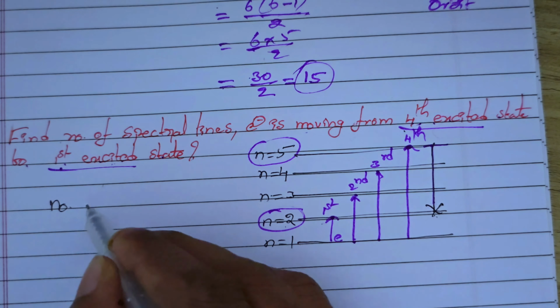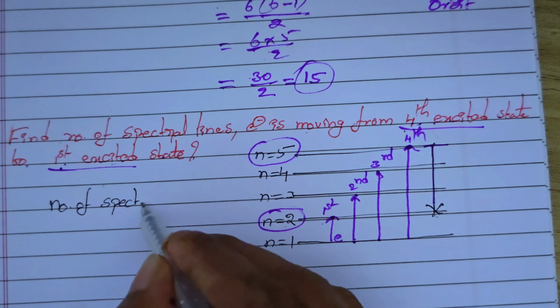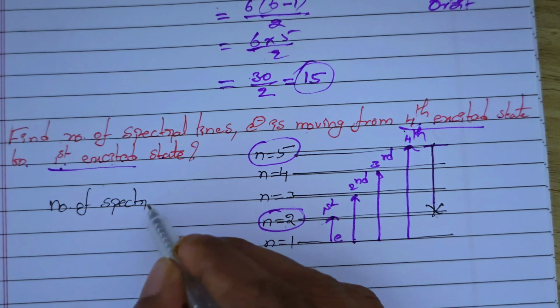The formula for finding the number of spectral lines is n into n plus 1 by 2. In this formula, n indicates n2 minus n1.